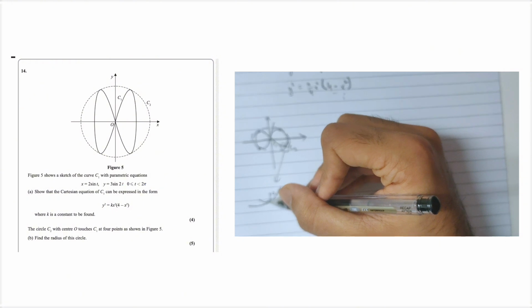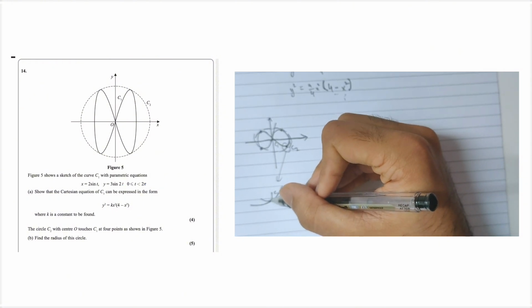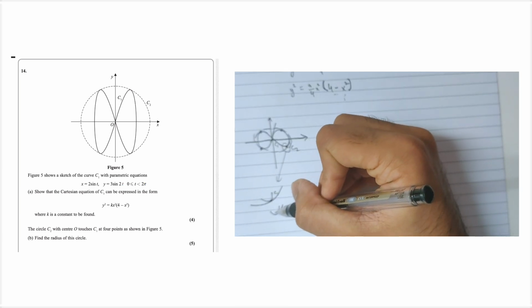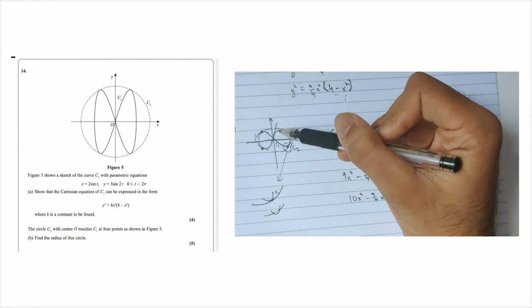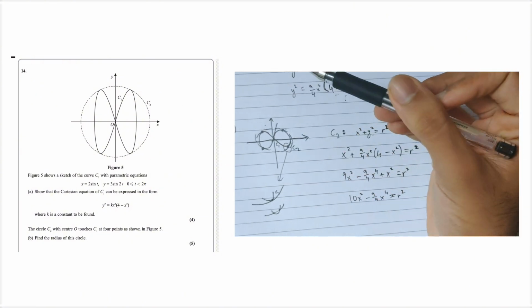So that means that C2 touches C1 only once, instead of, let's say, going through twice, because that would be 2 points here and 2 points here, which would equal 8 points of intersection in total.